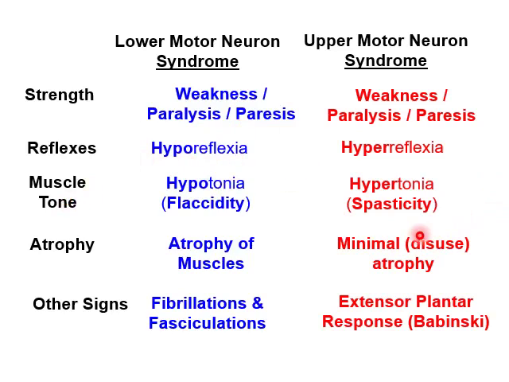The muscle tone is increased in upper motor neuron lesion, causing hypertonia with spasticity, and hypotonia with flaccidity in lower motor neuron lesion. In the upper motor neuron lesion, a nerve impulse still reaches the muscle through the anterior horn cell, but it's not enough for movement, so I'm having a minimal diffuse atrophy, whereas for the lower motor neuron lesion, I'm having atrophy of the muscle because I'm disrupting the nerve signal going to the muscle itself.